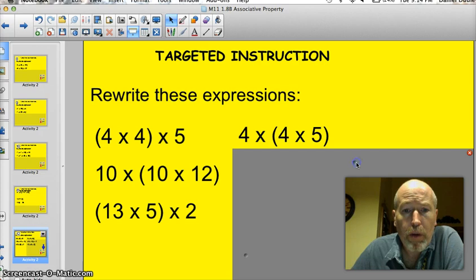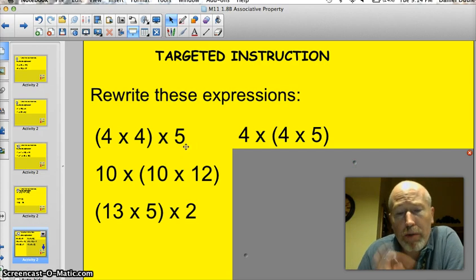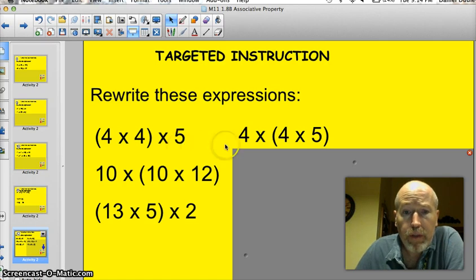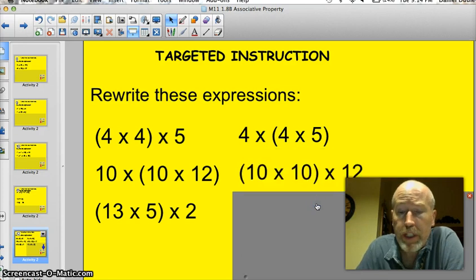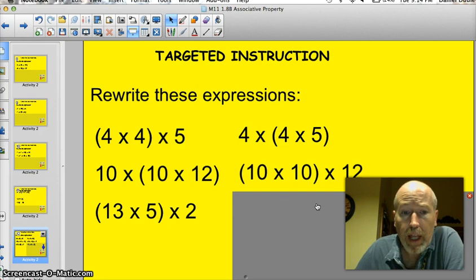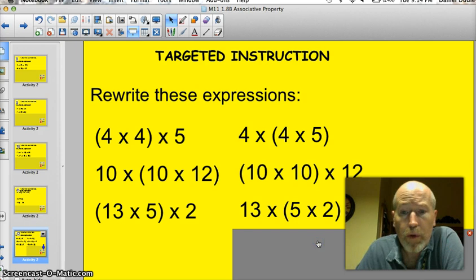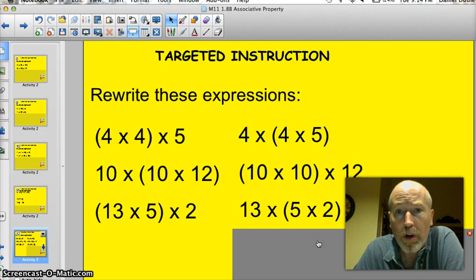This one here can only be rewritten one way. When there's only three numbers, you can only move the parentheses one other place. So there it is. Next one, 10 times 10 times 12. Just move the parentheses around the first two numbers to make it a little bit easier to work with. And the last one, 13 times 5 times 2. Move the parentheses. Numbers stay in the same order.